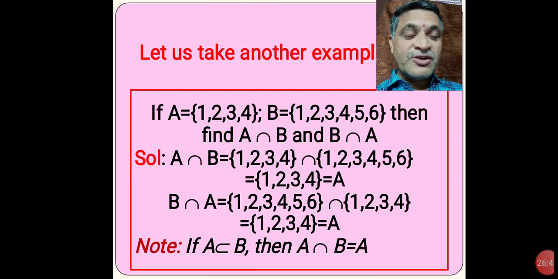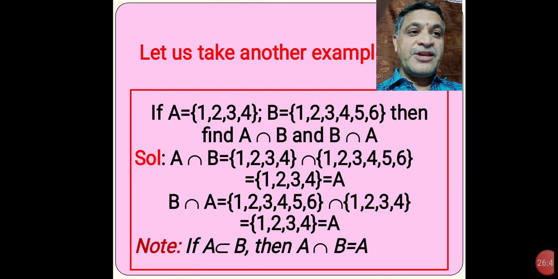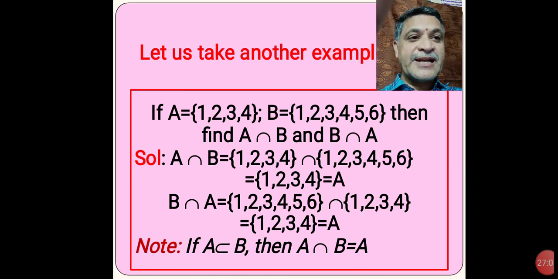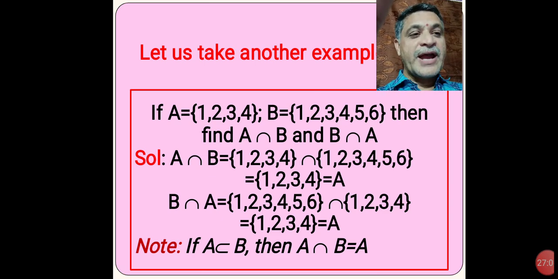If A is a subset of B, then A union B is equal to B. Already we saw that. Here A intersection B is equal to A, which is the small set. So if one set is a subset of another, then you write A union B as the big set, and A intersection B as the small set.